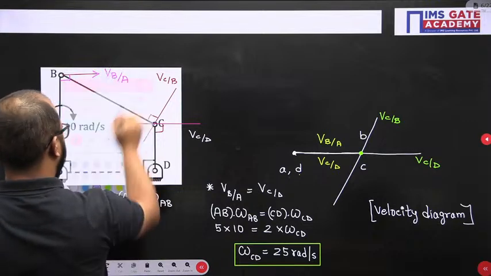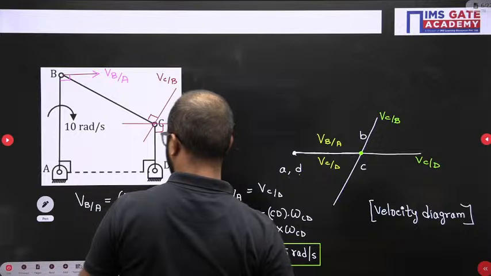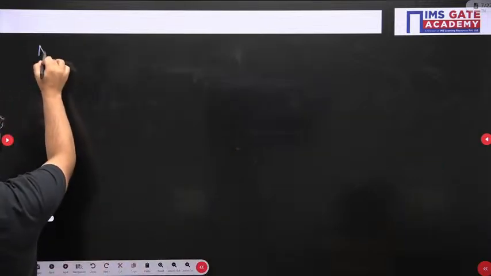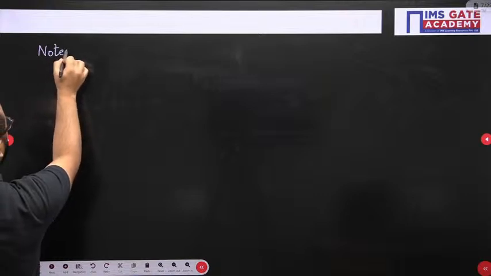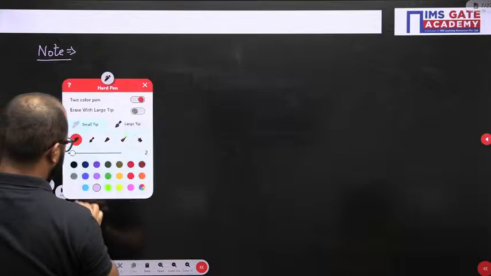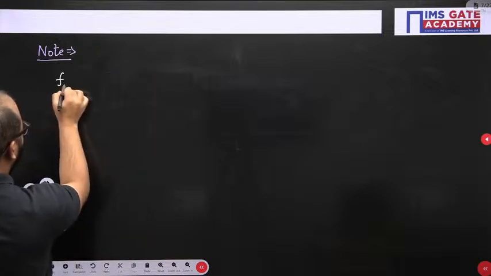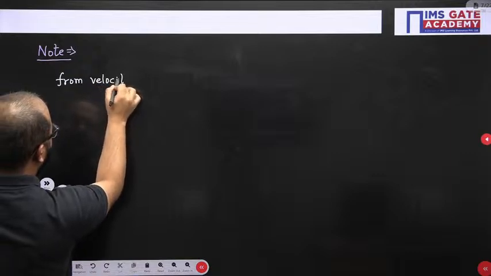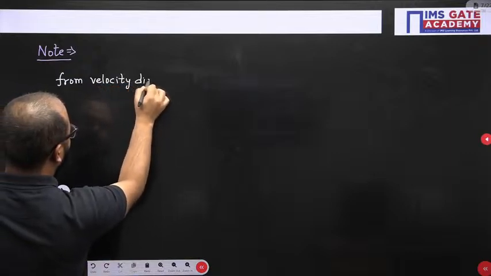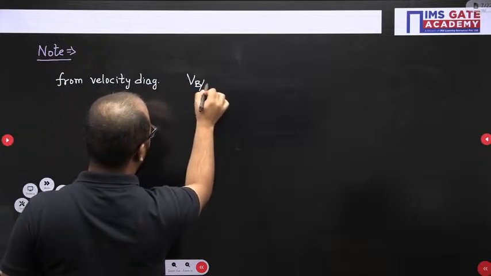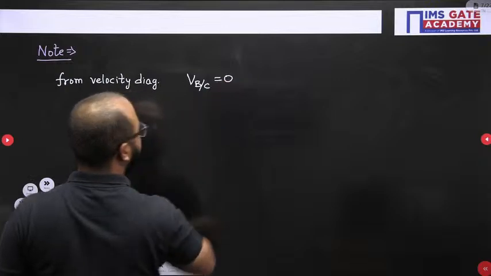Okay, I will mark it here as a note point. Next, as a note point we will be writing: from the velocity diagram, we can say velocity vector of B with respect to C is 0.